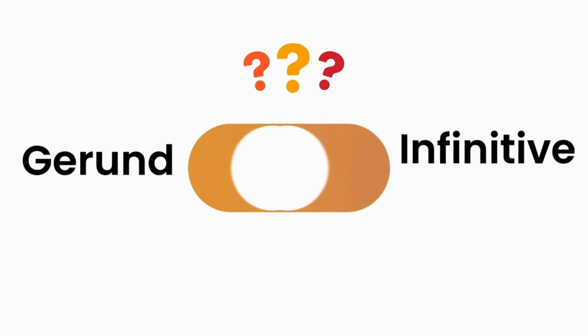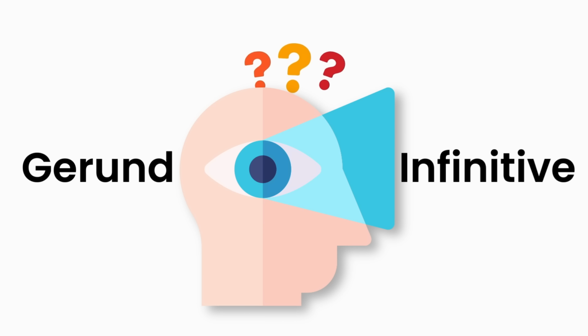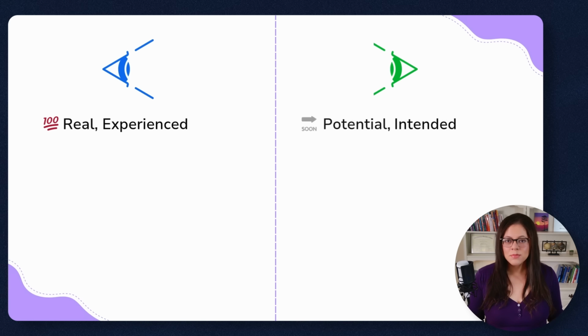A grammatical choice, like using a gerund or an infinitive, is a reflection of how we see or feel about an action. English speakers subconsciously view actions from two perspectives: real and experienced actions versus potential and intended actions.